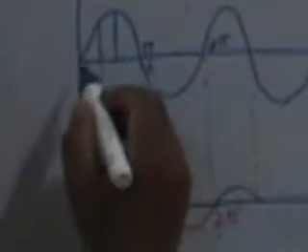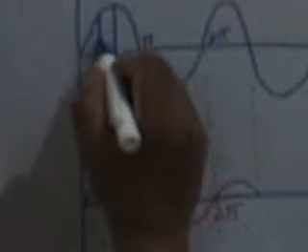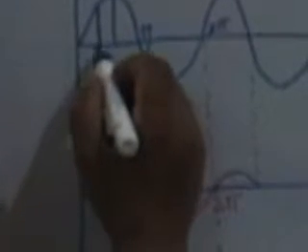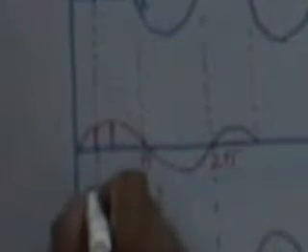This is the height. And in this graph also, it is reaching this height. So you can say that at both the same time, this timeline, this timeline. This is the time.